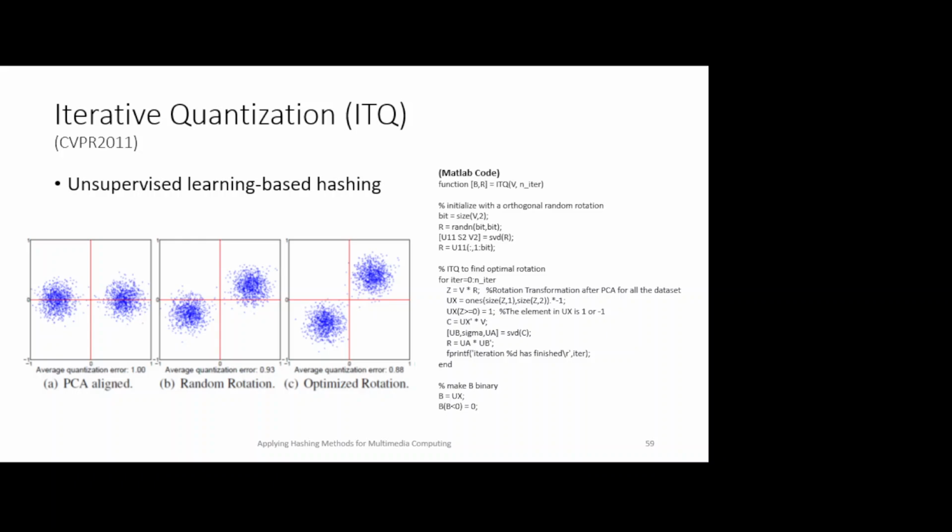Do you remember? In product quantization, we just rotate your data, then you can achieve a better quantization. You can reduce your quantization error. Yeah, the same idea. Okay, any problems?